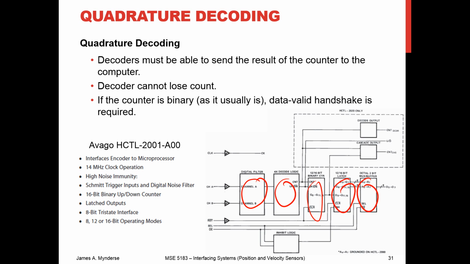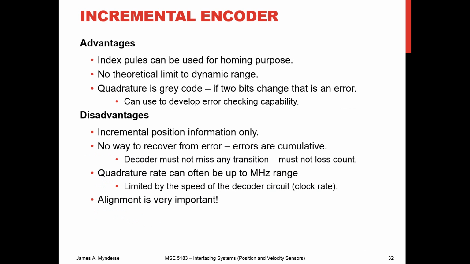We used gray code when we were doing asynchronous before because we wanted to make sure that we would never have data that was potentially changing. In this case, we've got data that's potentially changing, and it's changing in a straight binary sort of way. So we would want to use a valid handshake to make sure that we always read the correct data. We could also do index pulses so that we could always find some home position.